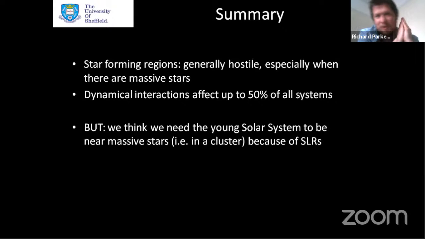The difference between stolen and captured planets is that a captured planet by definition has spent some time as a free floating object. Whether or not it formed around another star or just formed on its own is irrelevant. But we think we can distinguish between captured, stolen, and preserved planets in a statistical sense, right?